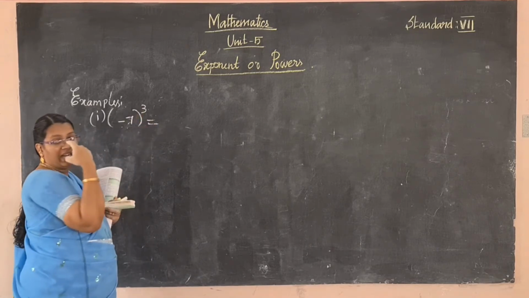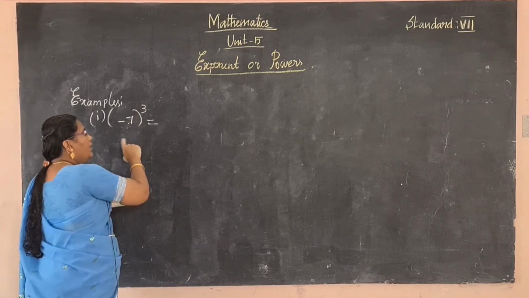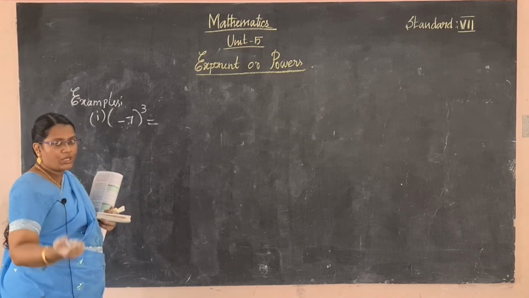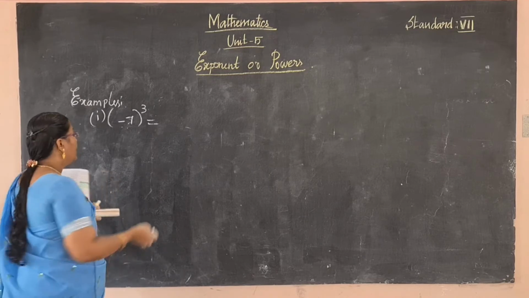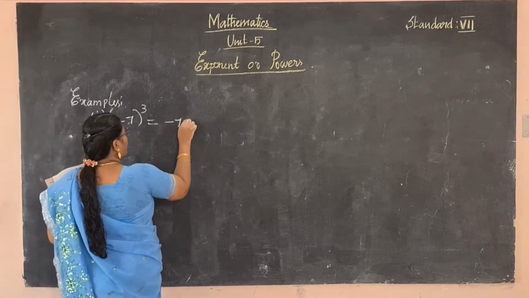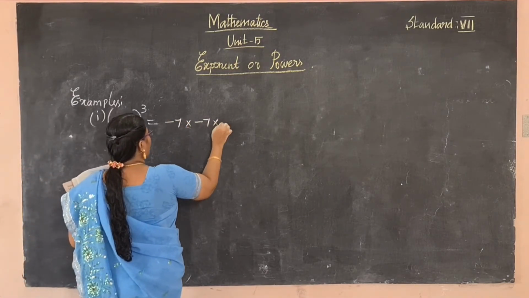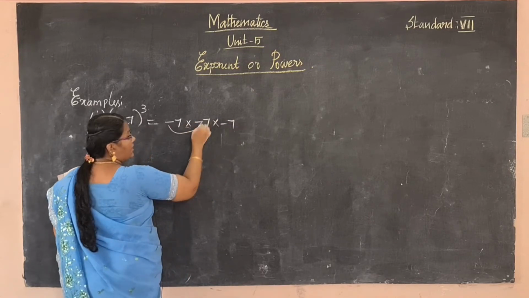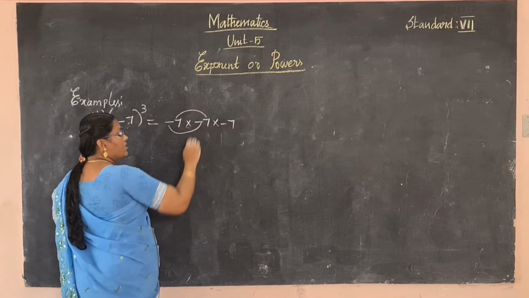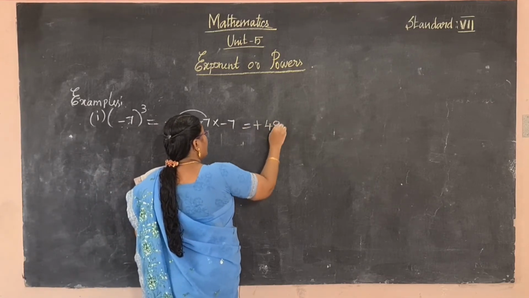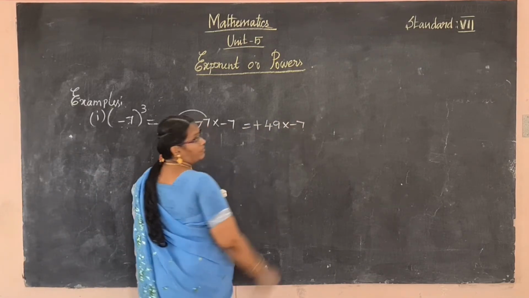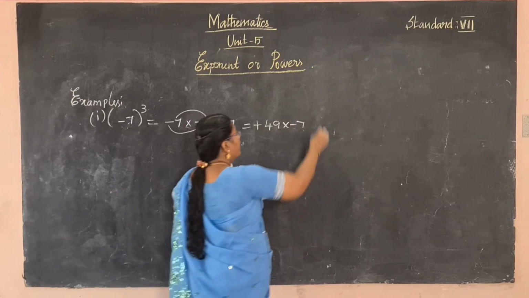What is the power value? 3. How can you read it? Minus 7 raised to the power of 3. Okay, so it can be written as minus 7 into minus 7 into minus 7. So minus into minus is plus, 7 7s are 49. So plus 49 into minus 7.